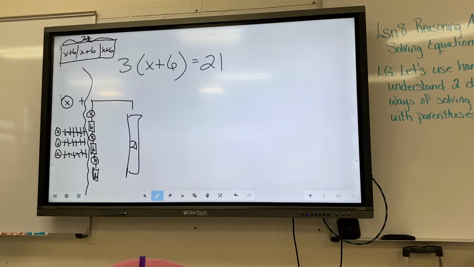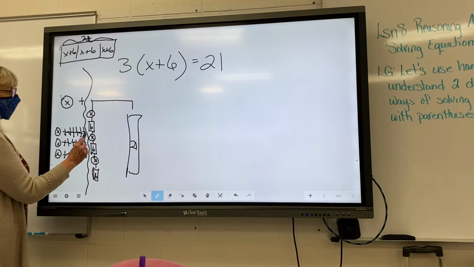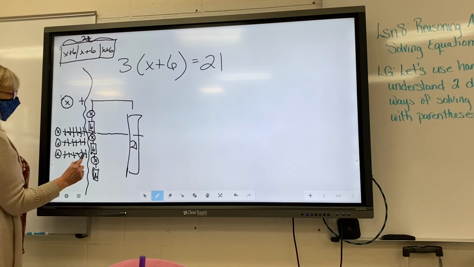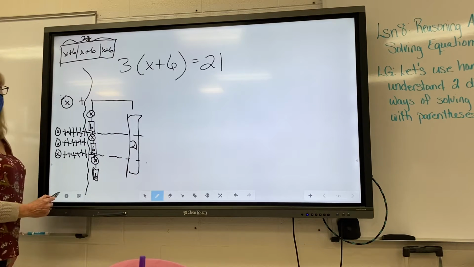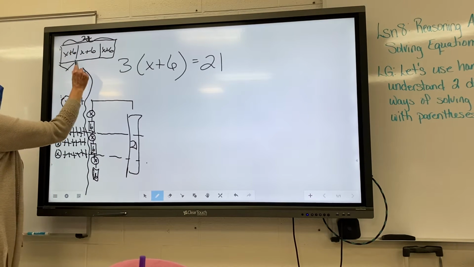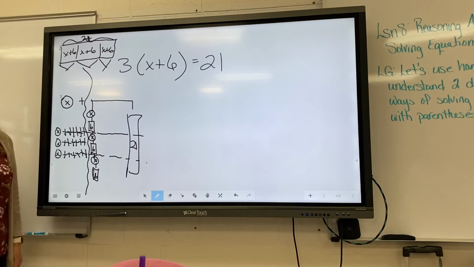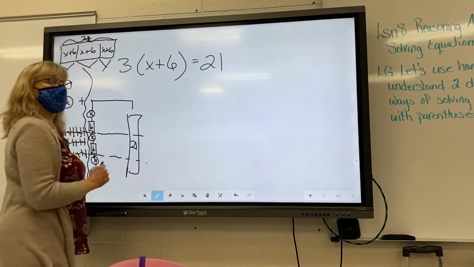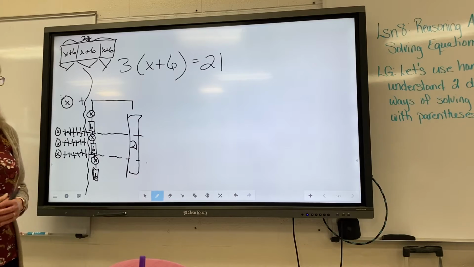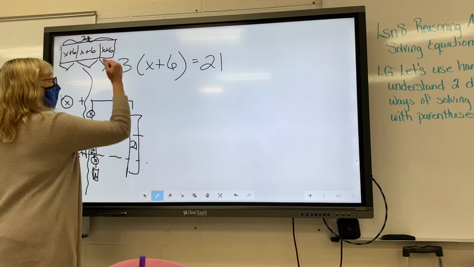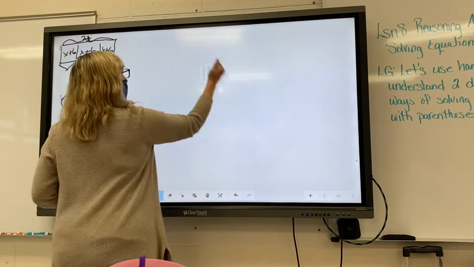Can you solve this using division first? Yes. What would you do? 21 divided by 3. You're gonna divide that here, divide that there, or you're gonna think about what each block is worth. So, showing it math-wise, I'm gonna show you with the equation now.